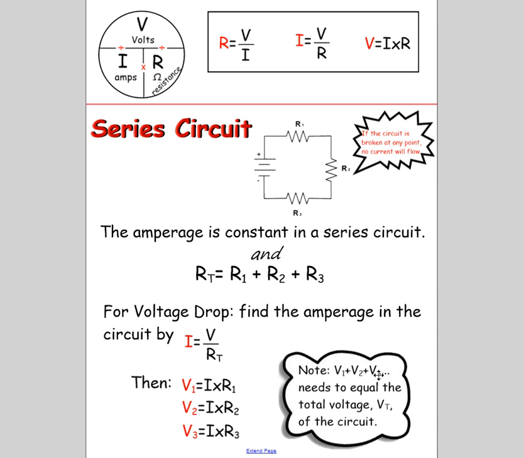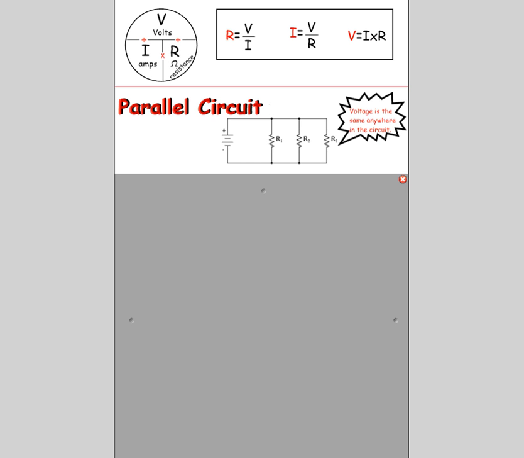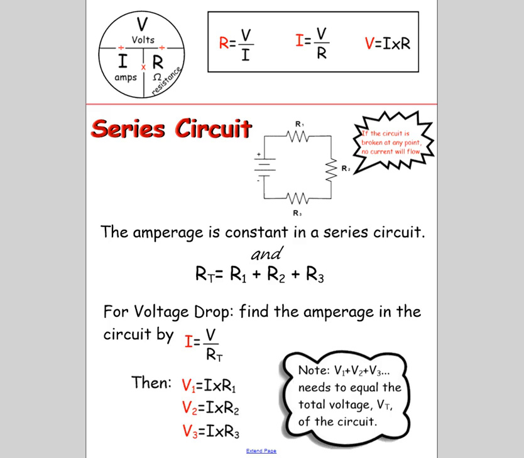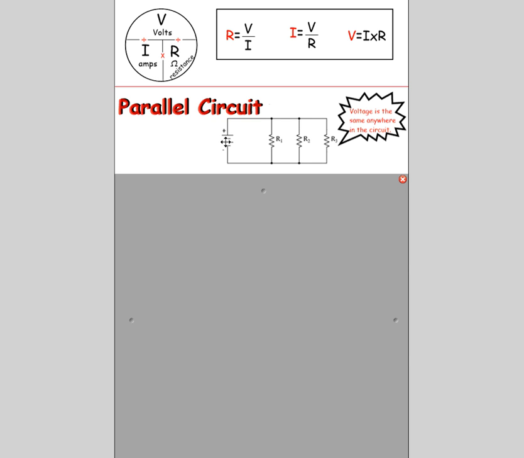One of the first things you're going to have to do when solving these problems is first figure out which kind of circuit you have, and then apply the appropriate formulas. Now let's look at our parallel circuits. Our parallel circuit's going to use the same formulas, we're just going to use them in a different way. You notice that the top of the page has the same formulas, but the circuit is different.